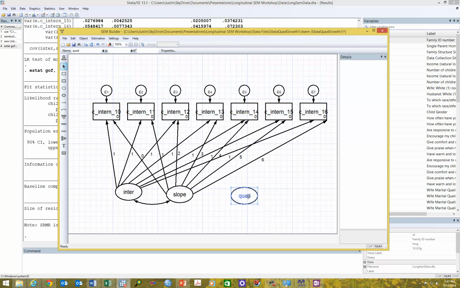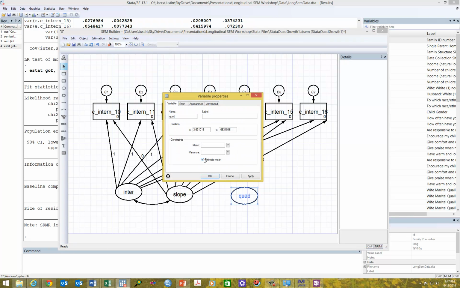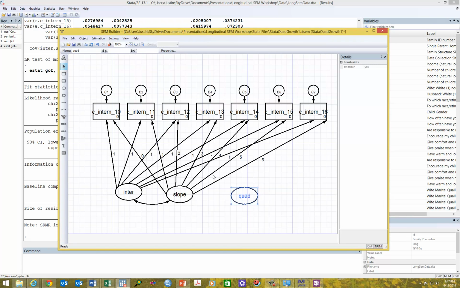Again, we're going to estimate the mean of that because we're really interested in estimating that mean. Now we're going to add all these paths from quadratic to all of the indicators of internalizing problems at these different time periods, just how we have it with the intercept and with the linear slope.